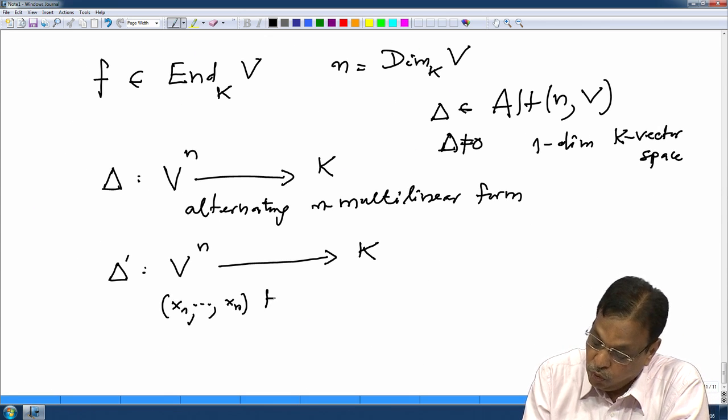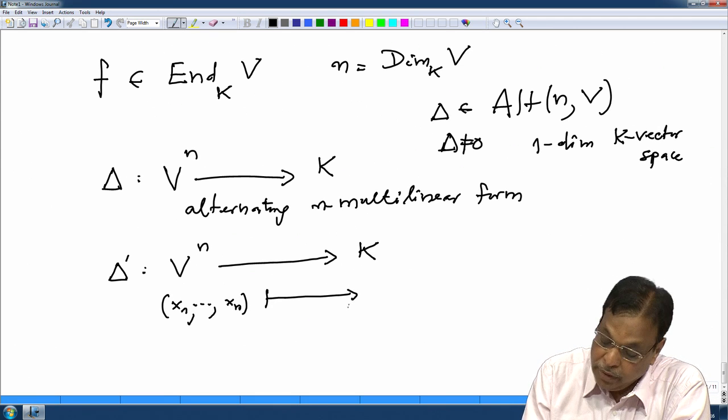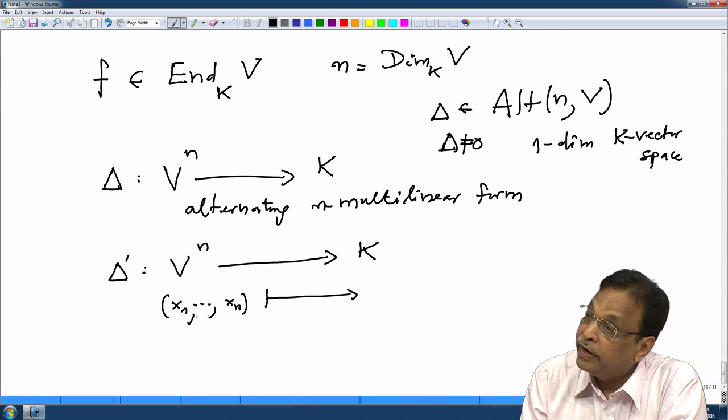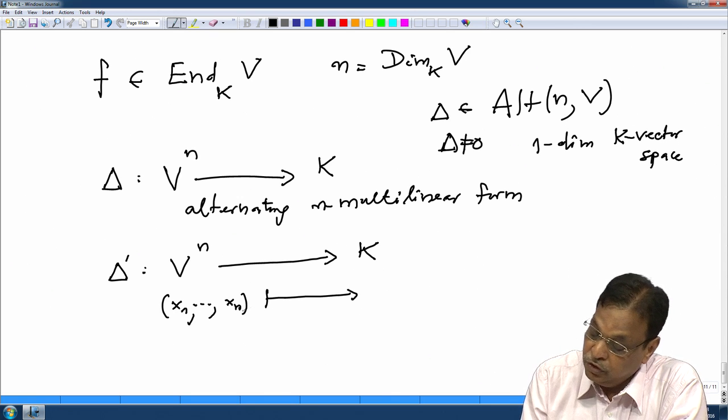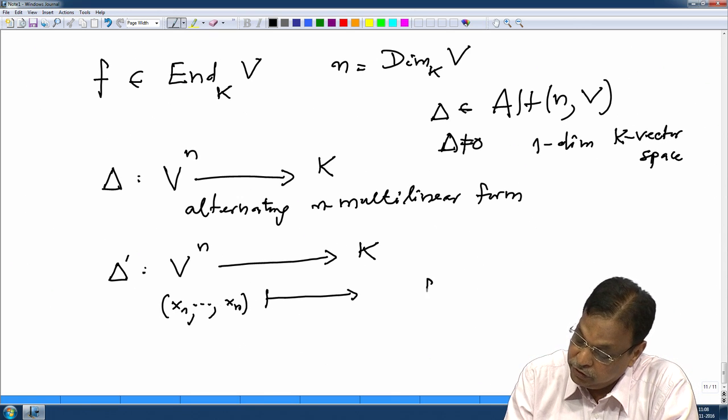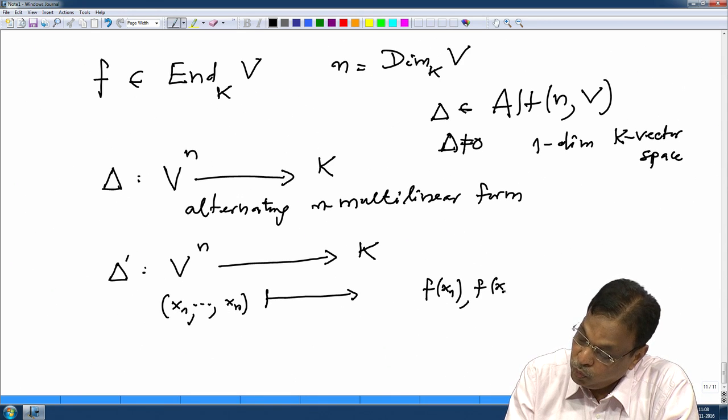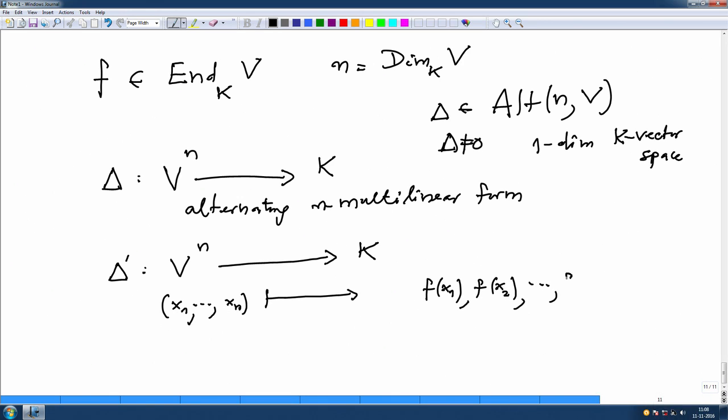First, you apply f to these vectors, they are vectors in V. So, I will apply f first, that is I will consider f(x1), f(x2) up to f(xn). This is now the new n-tuple, and I apply the given delta to that. So, I will get a scalar.